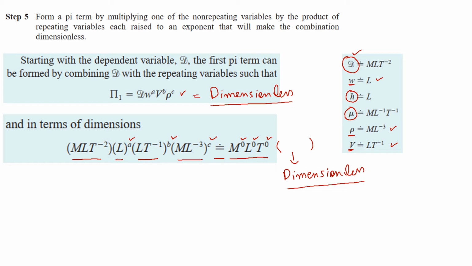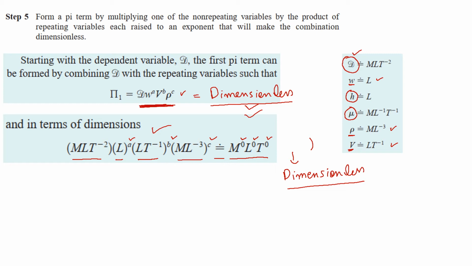So the term on my left hand side must also be dimensionless. For that purpose, I'm doing this step to arrange these terms in this pi 1 in the correct order, so they also appear dimensionless. In this case, my left hand side will be equal to my right hand side.